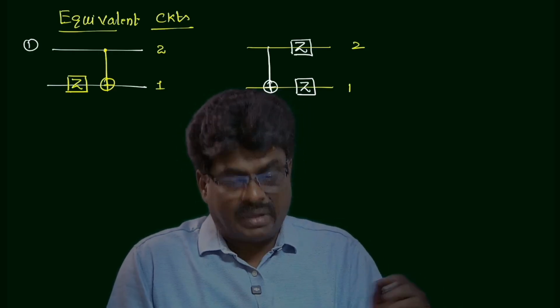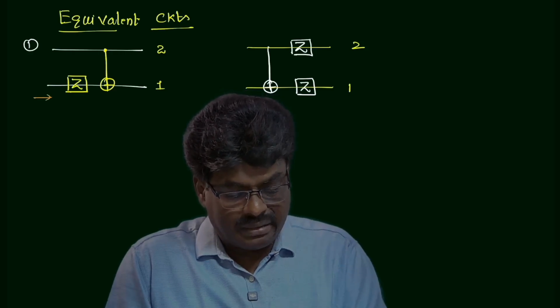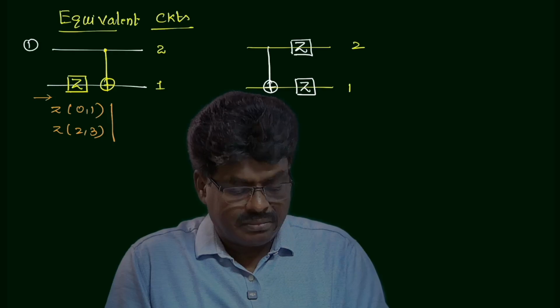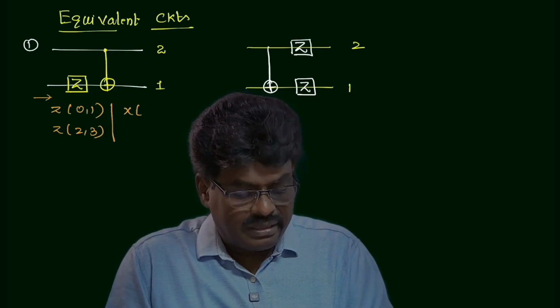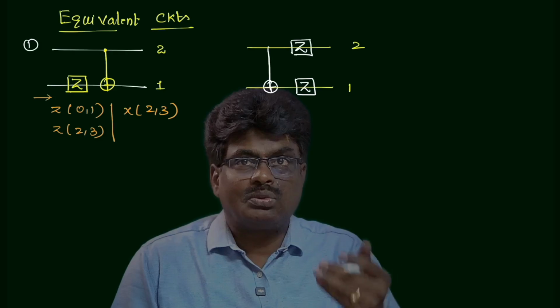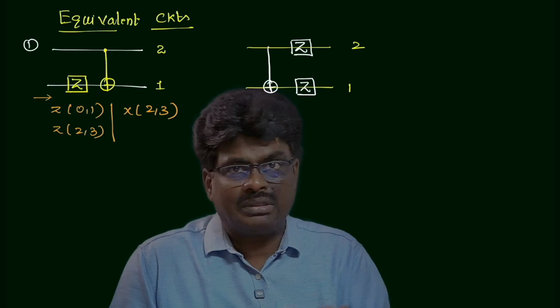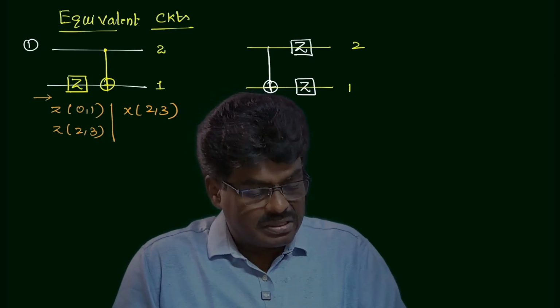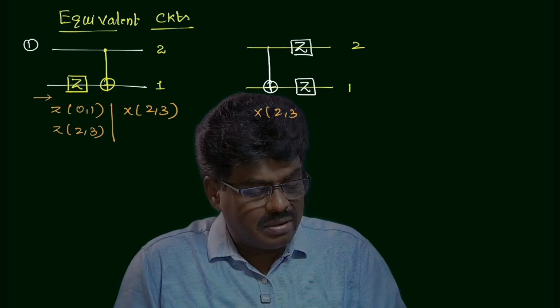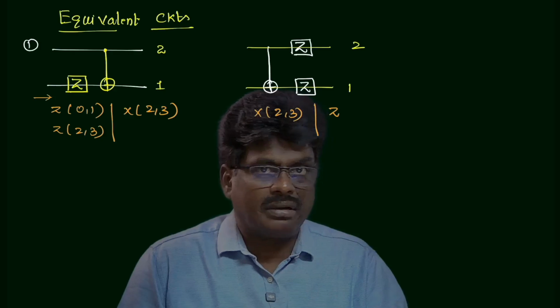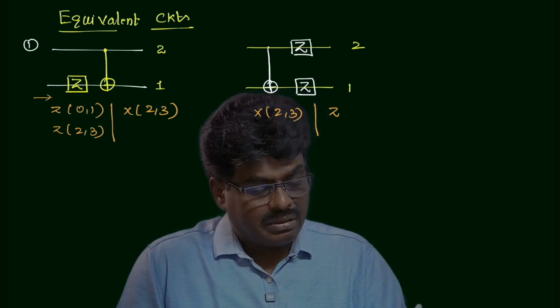Left to right, don't forget left to right. First I have Z here, Z of 0 comma 1, then I have to add 2, it's clear. Next X 2 to 3, that means you are coming from 2 to 1, that's why 2 comma 2 plus 1, 3. And here also I am taking X 2 comma 3, and after that any Z you can take, either the upper one or the bottom one.